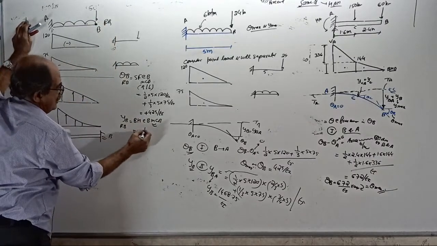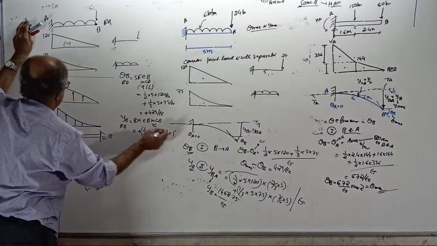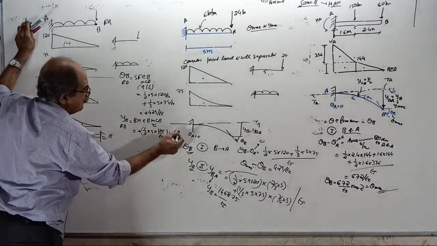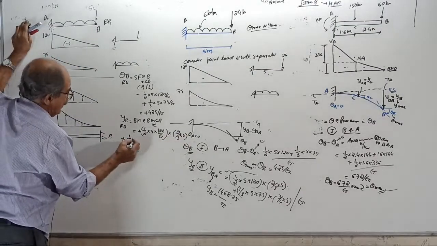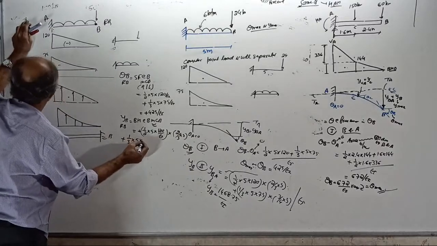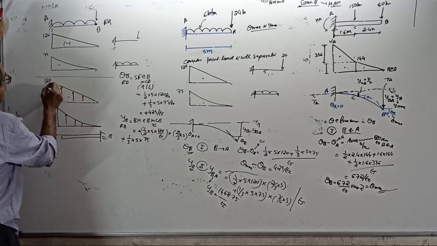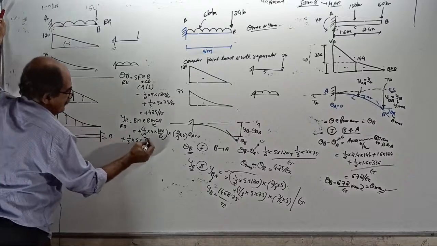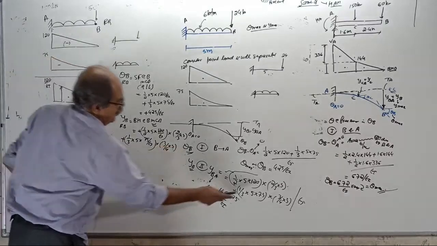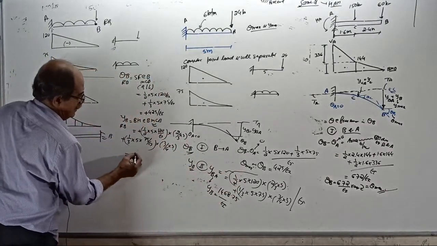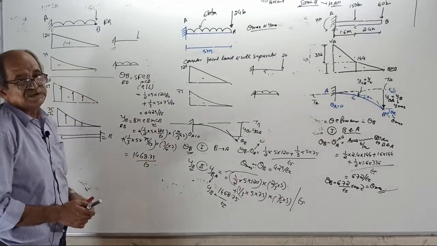Plus half into 5 into 120 by EI is the total load, into CG, which is here 2/3 of 5, plus once again this area is 1/3 of base, base is 5, into ordinate 75 by EI, into 3/4 of 5. Same answer: 1468.75 by EI. Now, crystal clear.